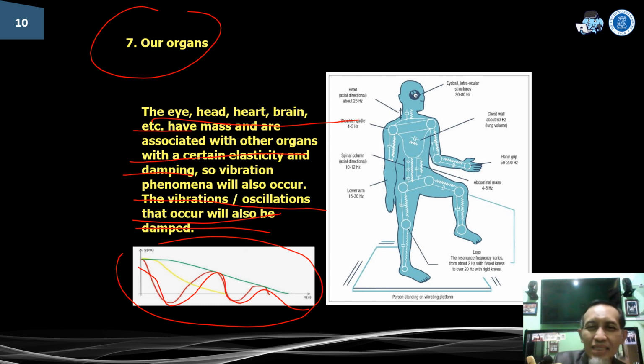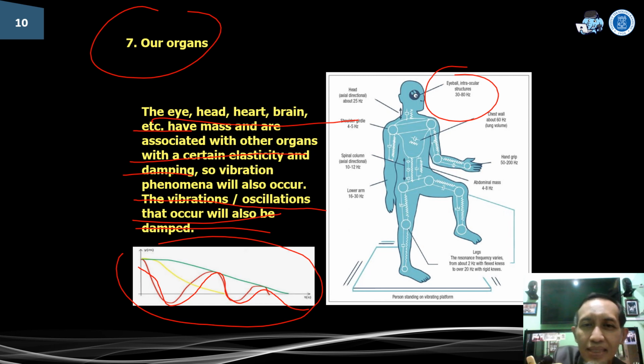Okay, this is the natural frequency of our organs. For example, this is the eye. It's about 30 until 80 hertz.